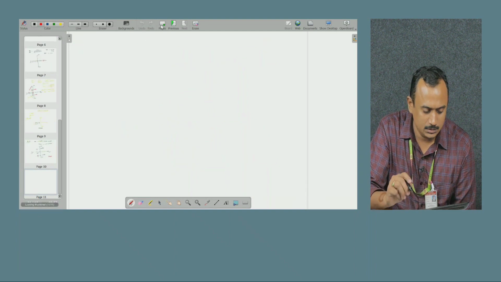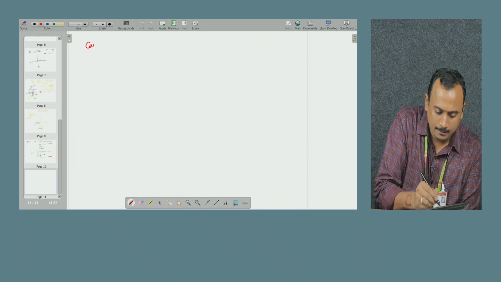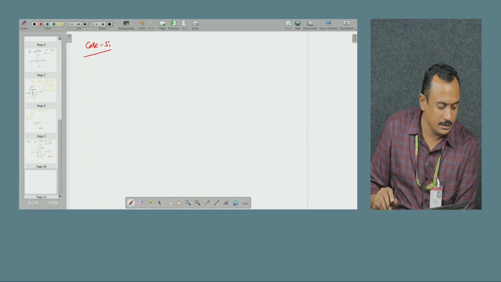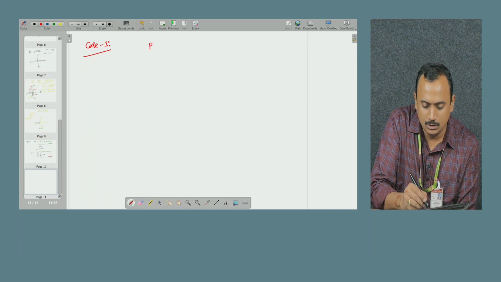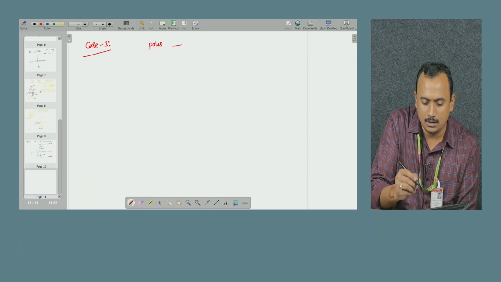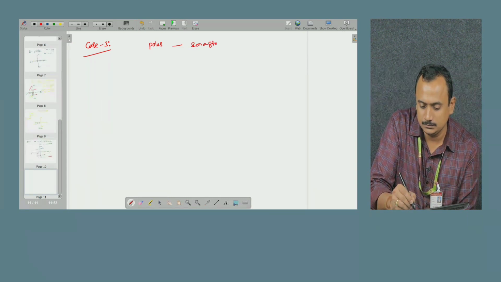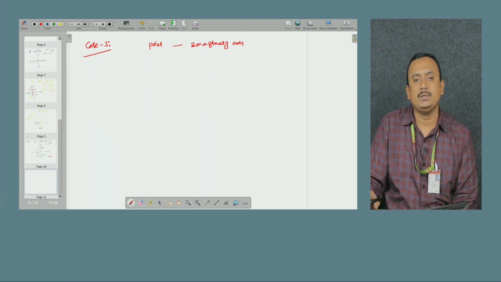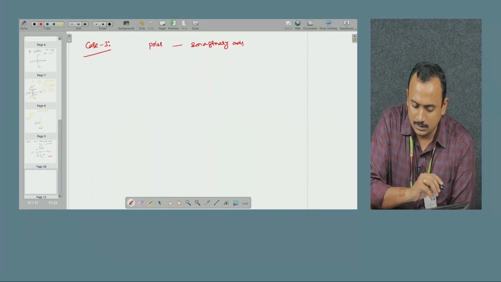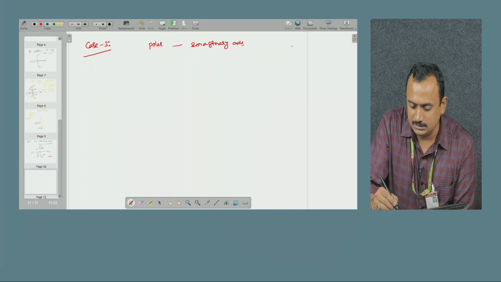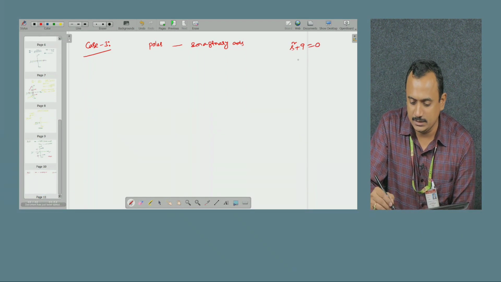Next go to the third case. Case 3. In case 3, if I assume all the poles are on the imaginary axis. For that, what is the example we previously discussed? Say you have an equation like s square plus 9 is equal to 0. In this case we can say s is equal to plus or minus j 3.